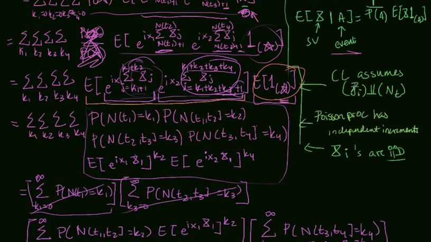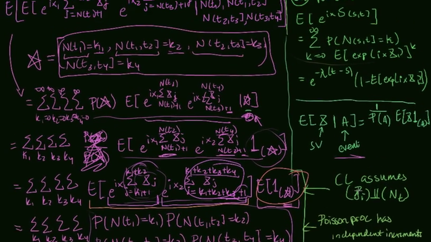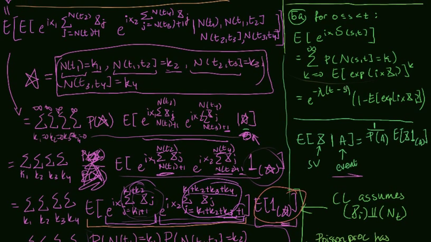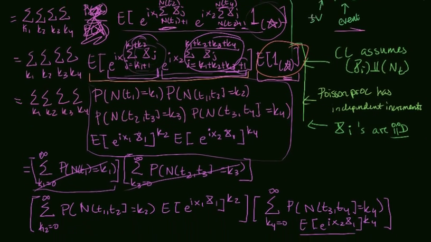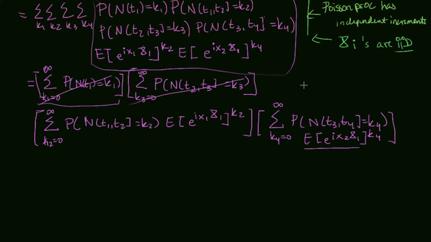Let us scroll up and recall the characteristic function of the total claim amount from time s to t. That is given as the point probability of increment in claim size from time s to t multiplied by the characteristic function of the claim size to the k. And that is exactly what we have down here.